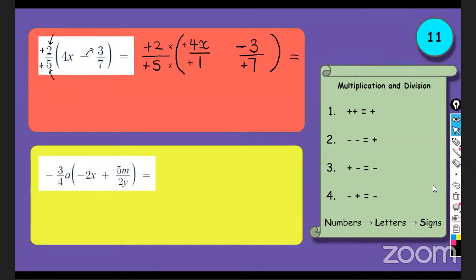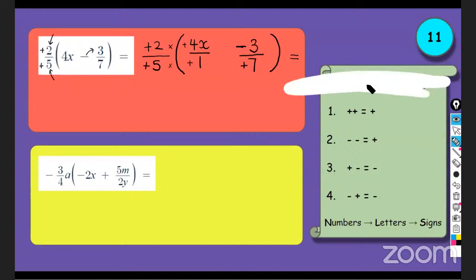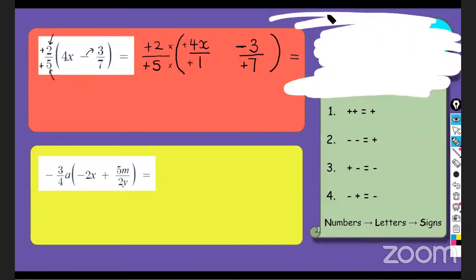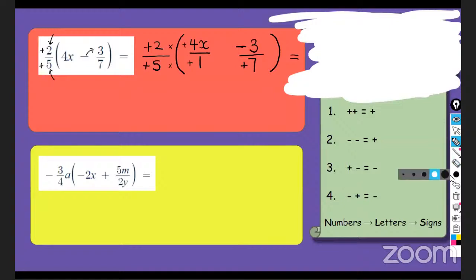I think that's a terrible idea. I'm just making some space here. I don't want to go to a new line. Let's clear some working space here. All right, so let's go.